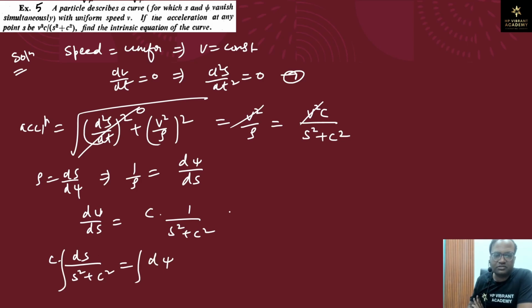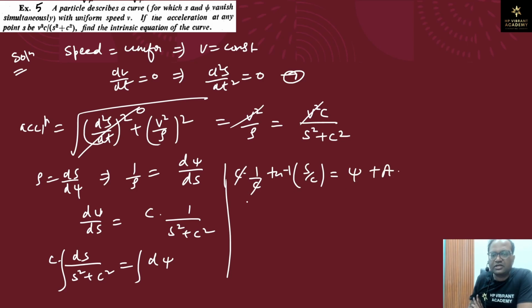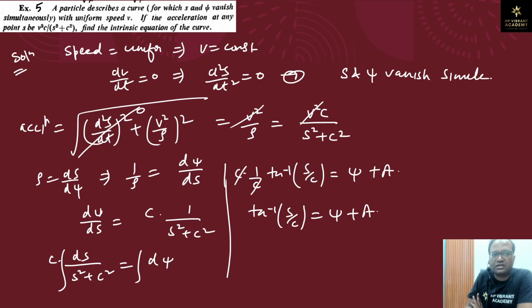Let us integrate this. So we have c into 1 by c tan inverse s upon c is equal to psi plus a. This we are having as tan inverse s upon c equal to psi plus a. So what is given in the question is that s and psi vanish simultaneously with uniform speed.